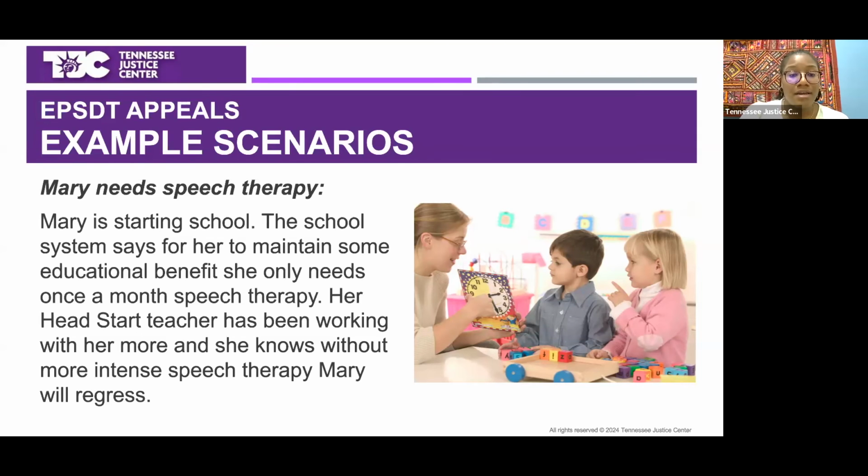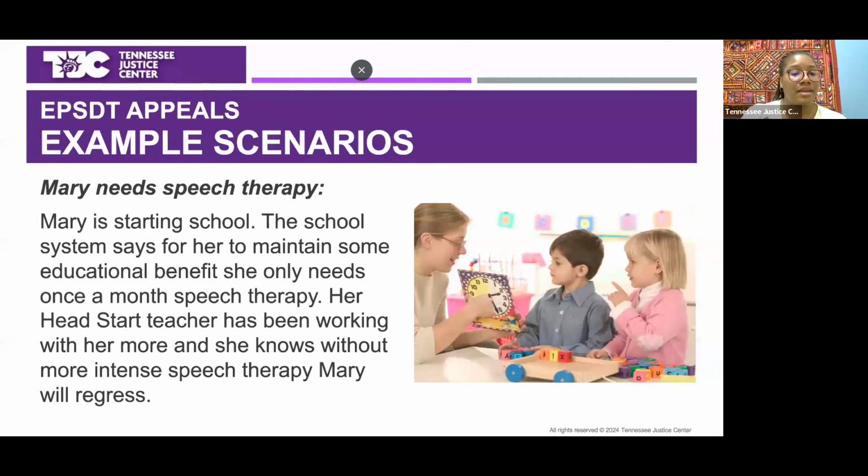But what is medically necessary, according to the person who is working most closely with this child, is more intense speech therapy if they want to maintain the progress they've made so far. So this is a situation where you can appeal and argue to TennCare that to maintain Mary's progress and abilities, she needs more intense speech therapy.